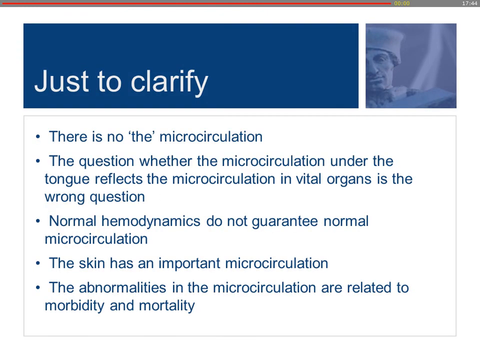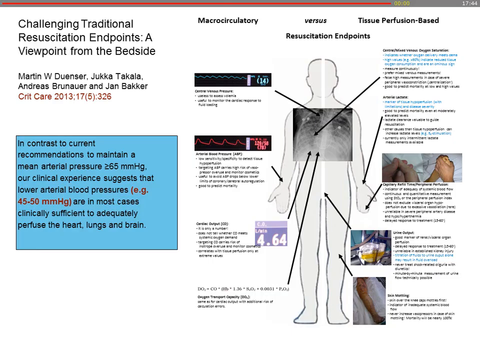So just to clarify and to repeat, I already said this, but I think that at the end, the abnormalities in the microcirculation are indeed related to morbidity and mortality. The question is, does the patient benefit from correcting it? We have to do studies for that. Our point when we wrote this editorial or this viewpoint, Martin Dünser, Jukka Takala, Andreas, and me, we said, well, if your microcirculation is normal, and that should be the end point of your resuscitation, if you reach that end point, then don't worry too much about the macrohemodynamics.